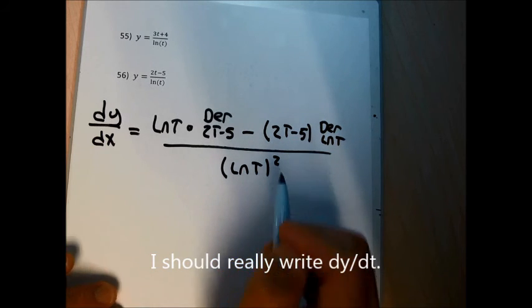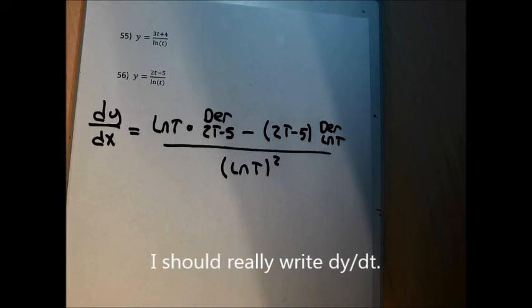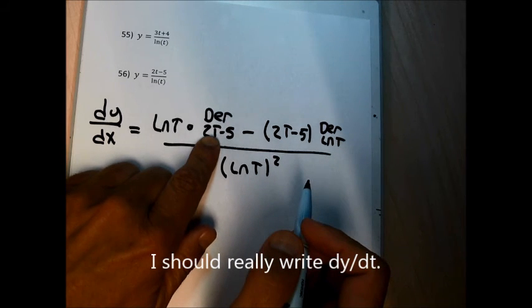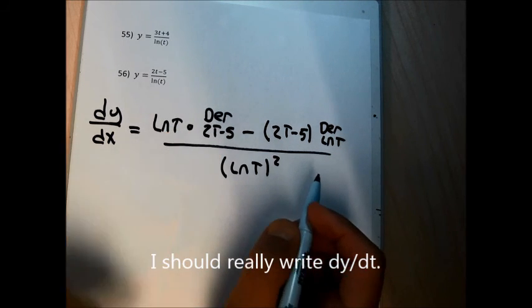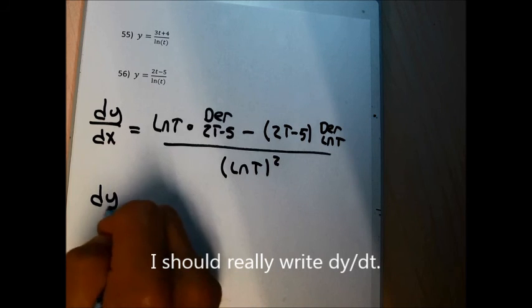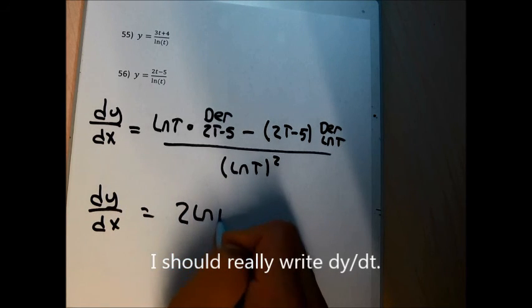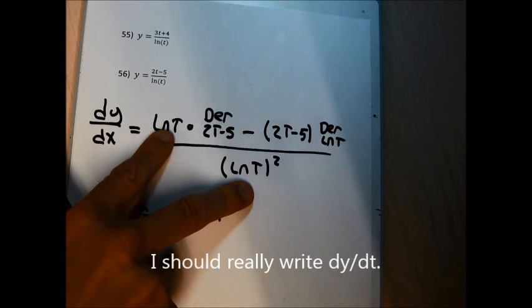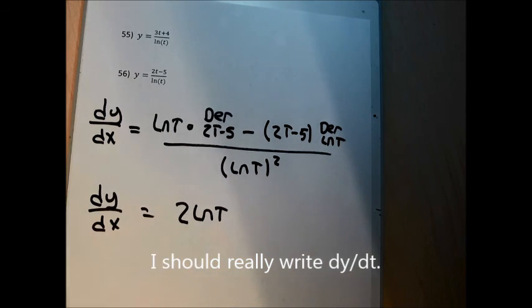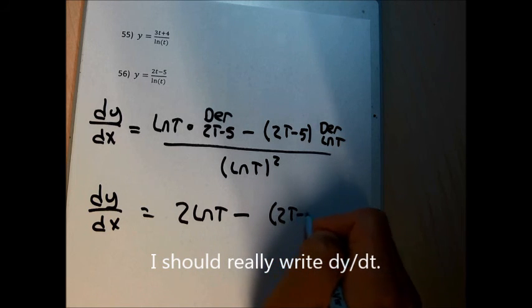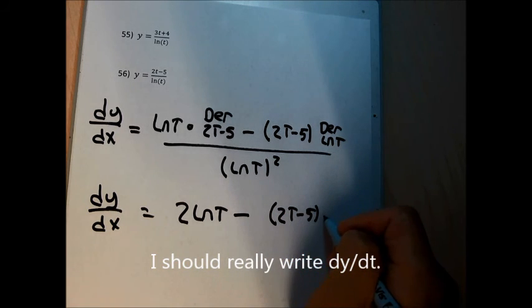I didn't put this extra parentheses, but I could have. In the numerator, the derivative of 2t minus 5 is just 2. I'm going to write that before the natural log. So for the first part of my numerator, I'm going to write 2 times the natural log of t, which doesn't cancel with that natural log of t, minus 2t minus 5 times the derivative of the ln.